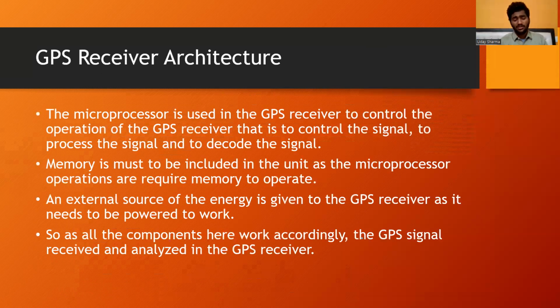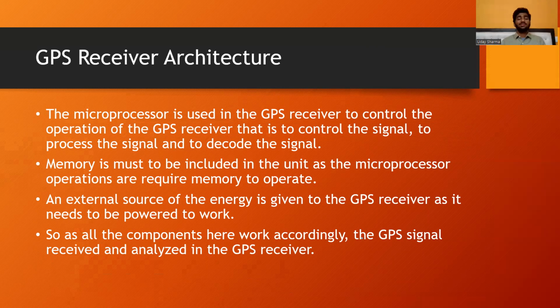The microprocessor is used in the GPS receiver to control the operation of the GPS receiver, that is, to control the signal, to process the signal, and to decode the signal. As we have discussed earlier, we need to control, process, and decode the signal to get the required output location. Memory must be included in the unit with the microprocessor, as microprocessor operations require memory to run or operate.